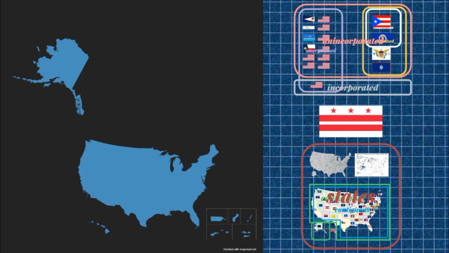Talking about Palmyra, we go back to Hawaii, right before it becomes a state. Palmyra Atoll was actually part of Hawaii, the territory. However, when Hawaii became a state, this left the Palmyra Atoll away.